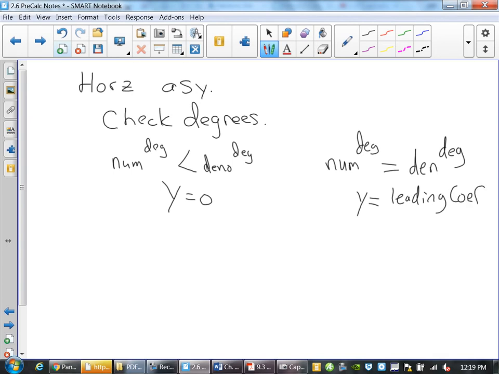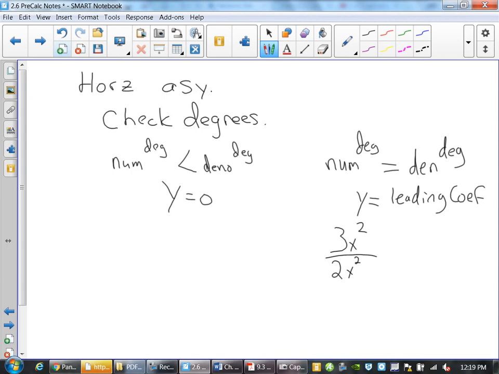Correct. So, for example, if you had 3x squared over 2x squared. There's 3 possibilities for the horizontal asymptote.